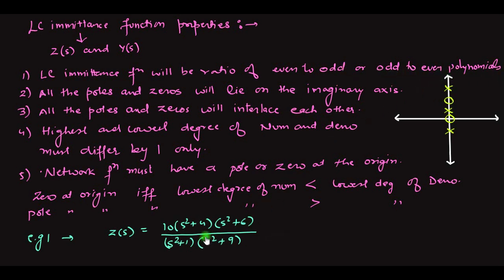Here, in the numerator we have even parts, and in the denominator we have even parts. So it is the ratio of even to even polynomial, and hence this particular impedance function is not satisfying property number 1. So we will say it is not an LC immittance function.